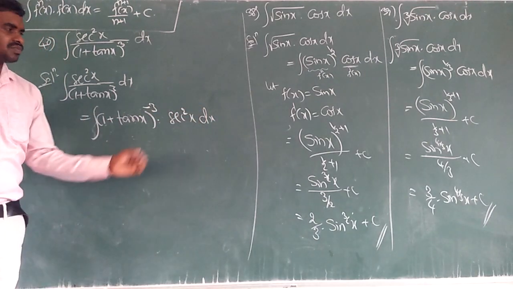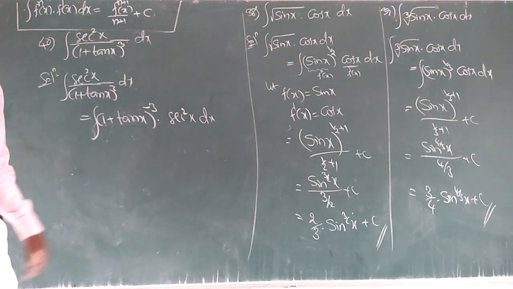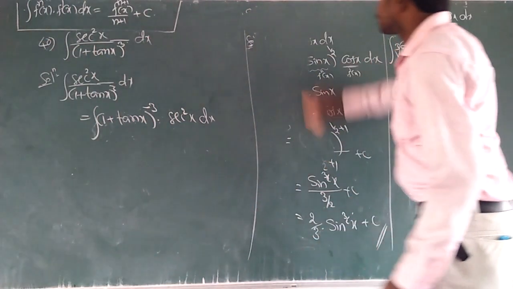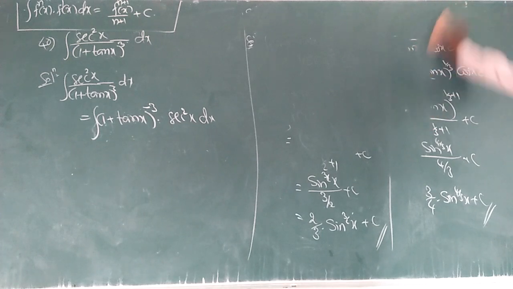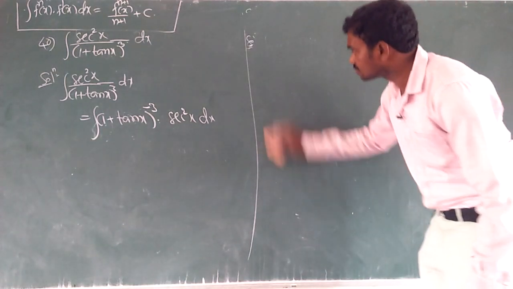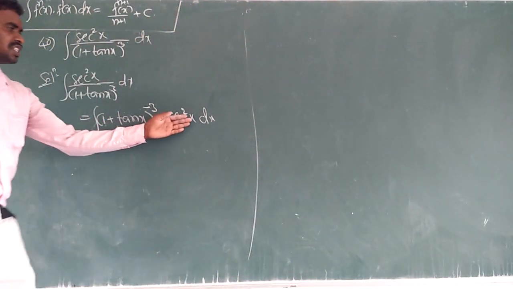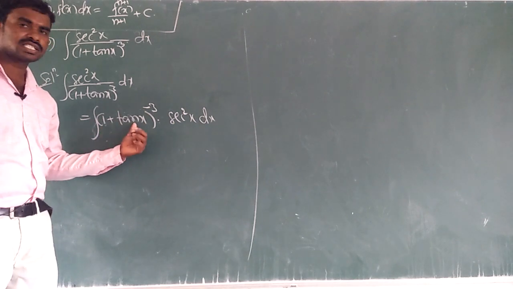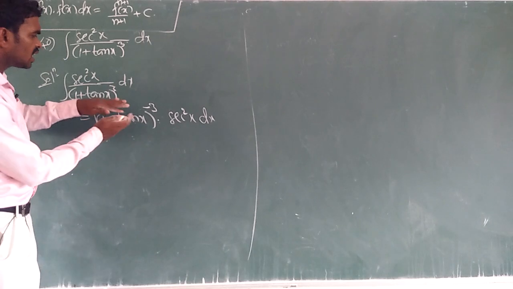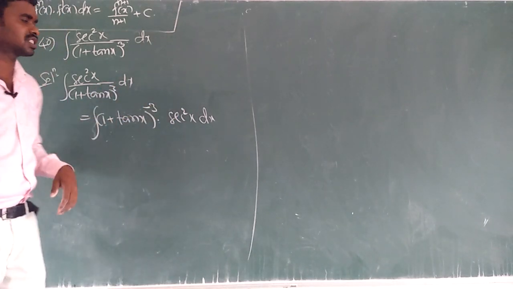So let us check, is it the derivative of 1 plus tan x? Yes, 1 derivative 0, tan x derivative secant square x. So we can treat this as f of x, and this will be f dash of x.